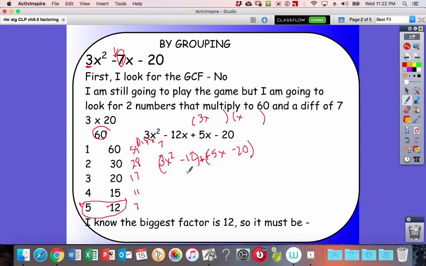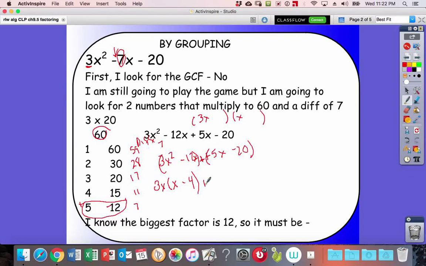When I do that, I'm now going to look for the greatest common factor. What's the greatest common factor between 3 and 12? I'm pretty sure I can take a 3 out, and then this has to be an x, right? Minus 12x, 5x. So I'm actually going to take out 3x, and here, minus 4, because 3x times x is 3x squared, and 3x times negative 4 is negative 12x.